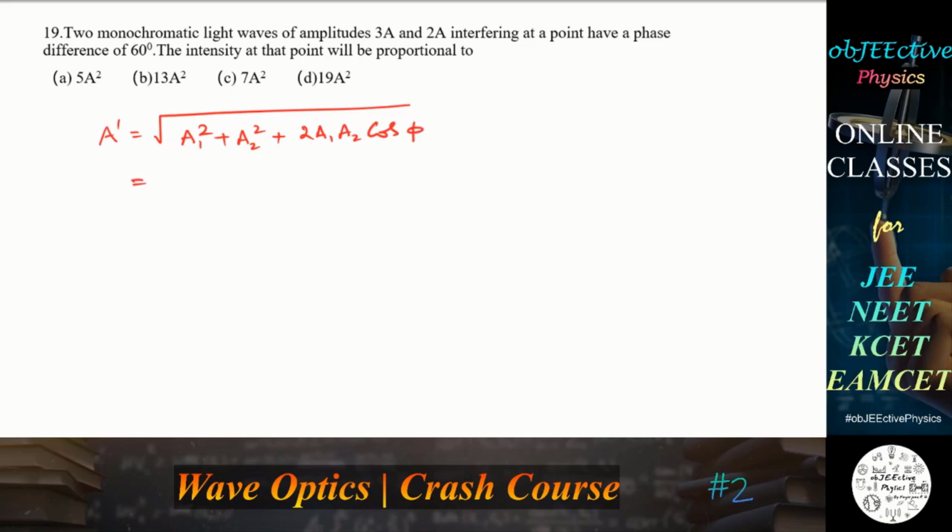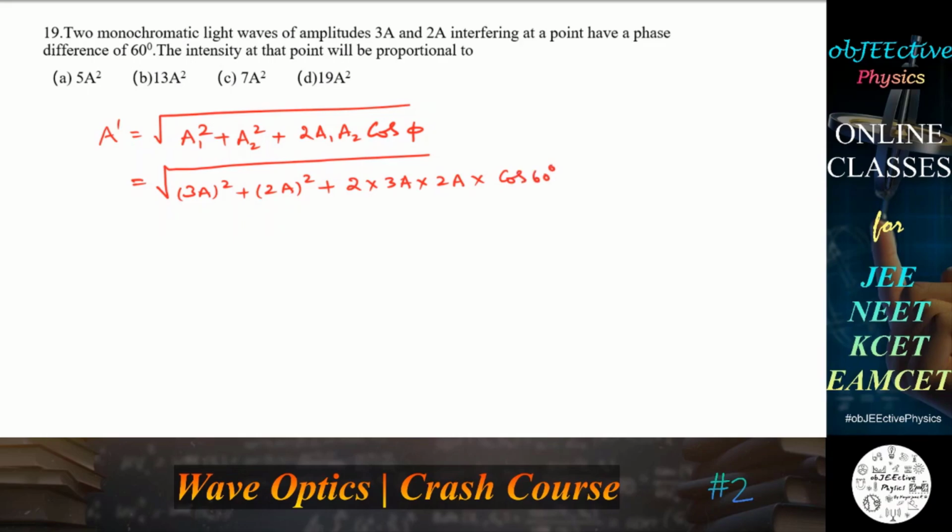So, that is equal to square root of, a1 is given 3a, so 3a whole square, plus a2 is given 2a, so 2a square, plus 2 into 3a into 2a into cos 60, phi is given 60 degrees.